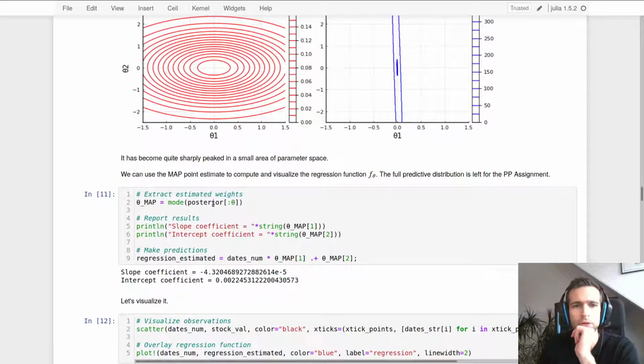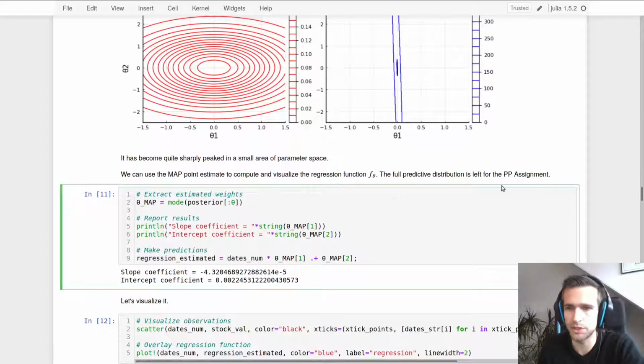So we are using a point estimate for now to compute the regression function and make some prediction. I am going to ask you to compute and visualize the full predictive distribution, but I'm leaving that for the PP assignment because I want you to get your hands dirty and dive into that.